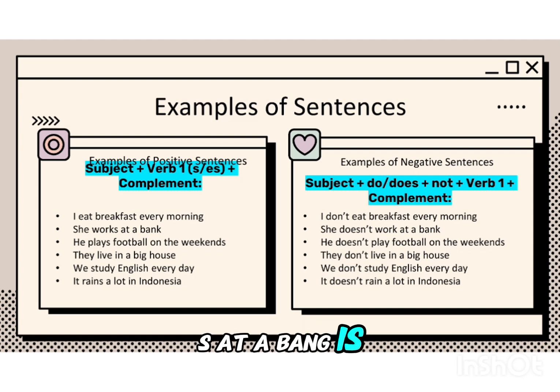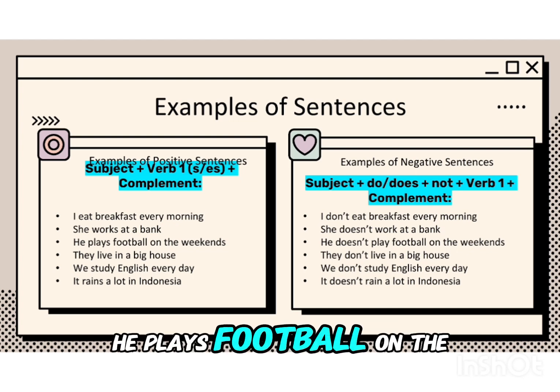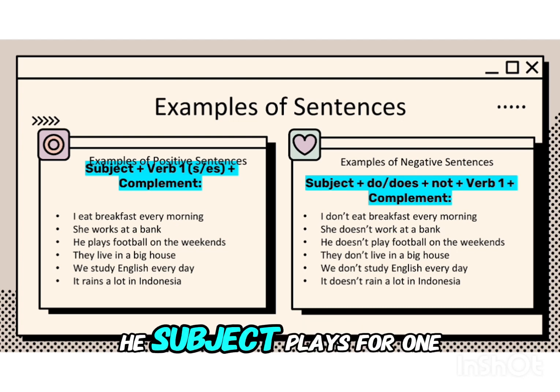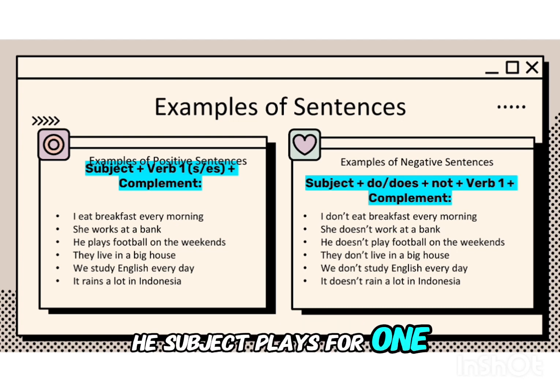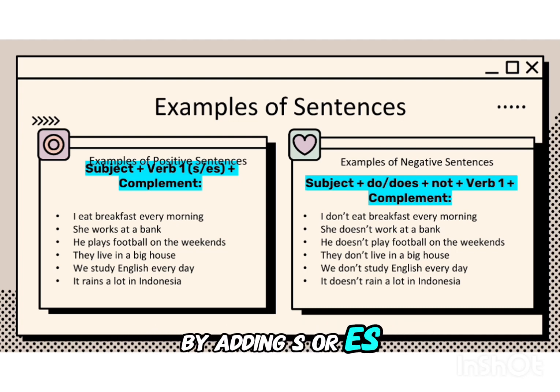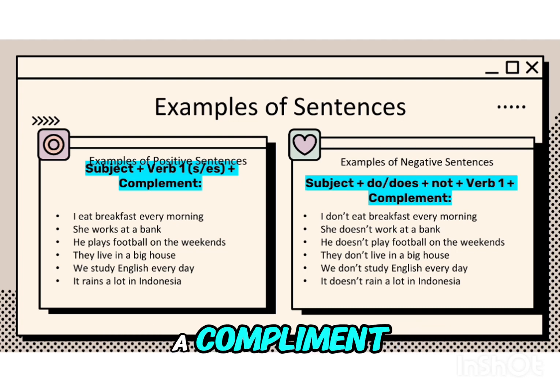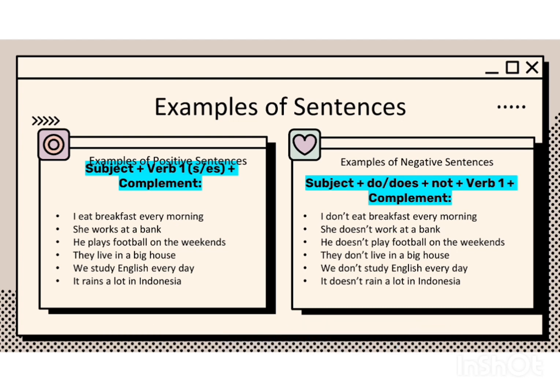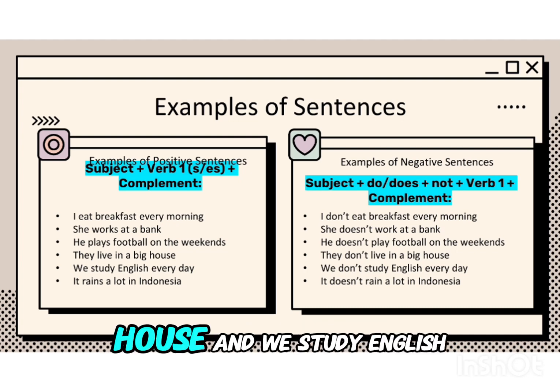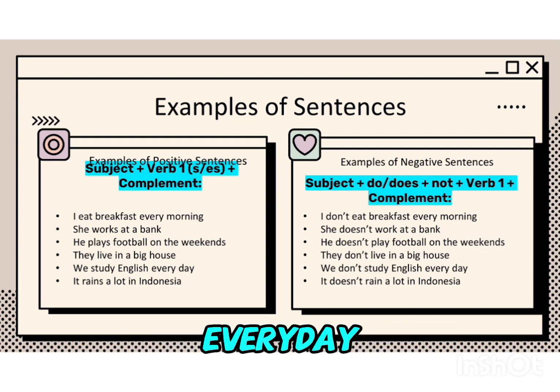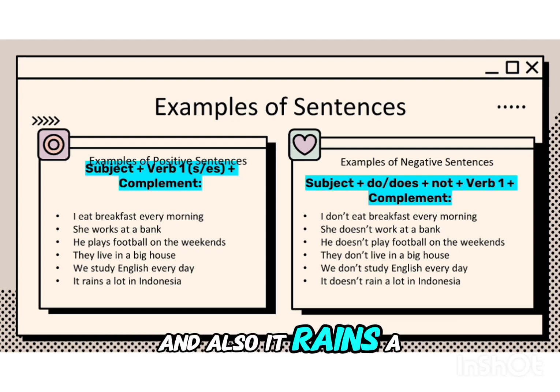At a bank is a complement. He plays football on the weekends. He, subject, plays, verb 1 by adding s or es. Football on the weekends is a complement. They live in a big house, we study English every day, and also it rains a lot in Indonesia.